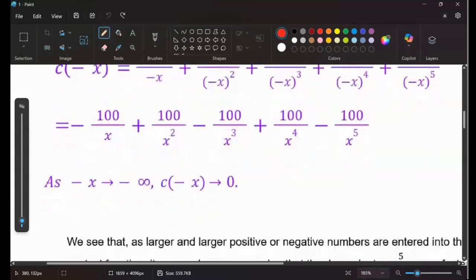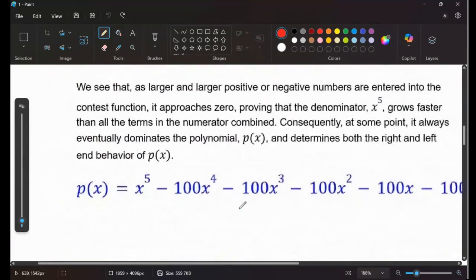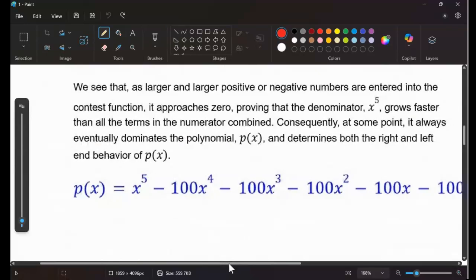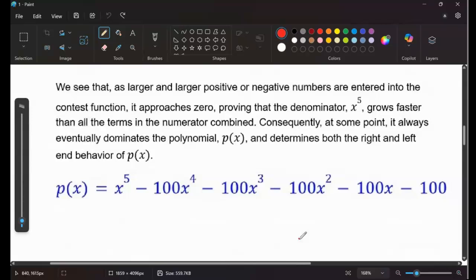So we see that for a particular case, for this polynomial, as larger and larger positive and negative numbers are entered into the contest function, it approaches 0, proving that the denominator x to the 5 grows faster than all the other terms combined. Consequently, at some point, it always eventually dominates the polynomial.